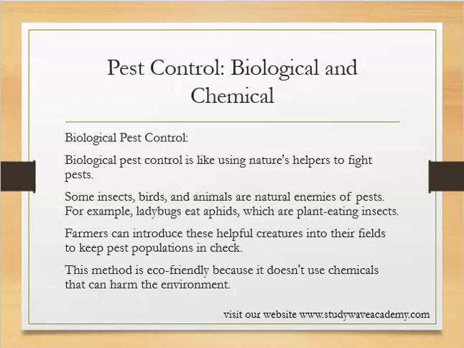Farmers can introduce these helpful creatures into their fields to keep pest population in check. This method is eco-friendly because it doesn't use chemicals that can harm the environment. So the biological pest control is depending on nature to help you fight this pest.